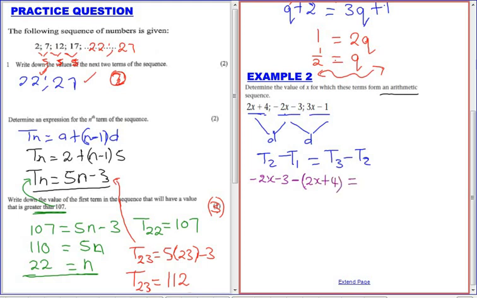Okay, is equal to, let's copy down T3 properly. That's 3x minus 1 minus T2, which is minus 2x minus 3. So here I'm going to just simplify again. We have been going about it a bit slowly, just so everyone can see what's going on here.